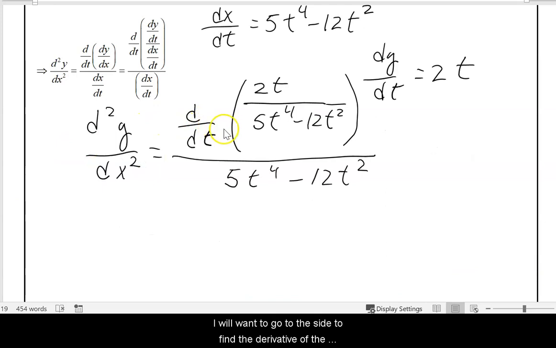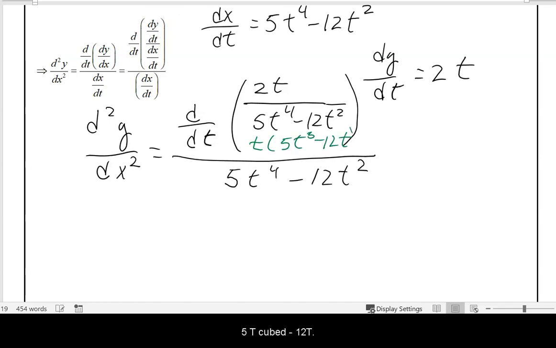I will want to go to the side to find the derivative of the numerator separately, but before I do that, I can simplify this quite a bit by realizing that there is a common t factor in the denominator and numerator. By factoring the t out of the denominator, I can rewrite the denominator here as t times 5t cubed minus 12t.